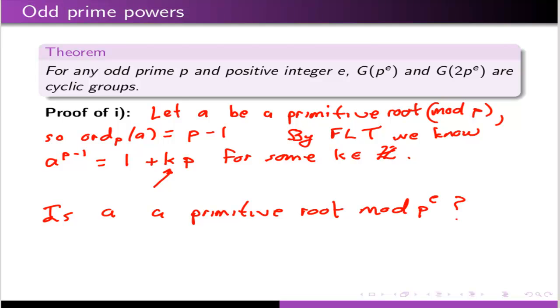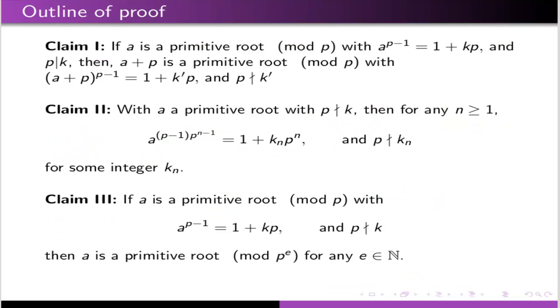So here's our strategy that we're going to go through. First, if a happens to be a primitive root, where after doing the Fermat relationship, p is a divisor of k, then I claim I can replace a with a plus p, and I'll get another primitive root mod p because it's the same value mod p. But this time the k value right here is going to satisfy p does not divide this k prime value.